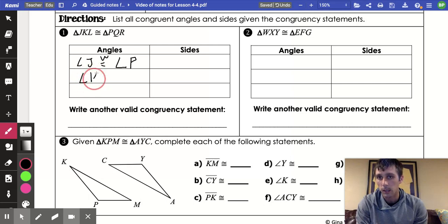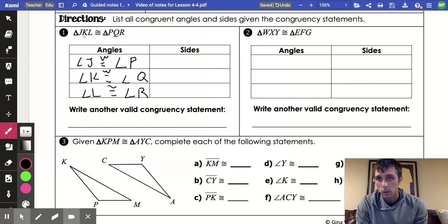Angle K is congruent to which one? What's in the middle here? Angle Q. And then the last one, angle L, is congruent to what? Angle R.